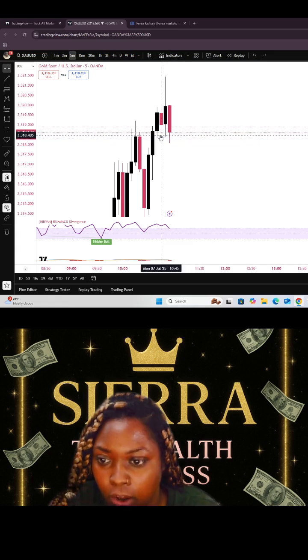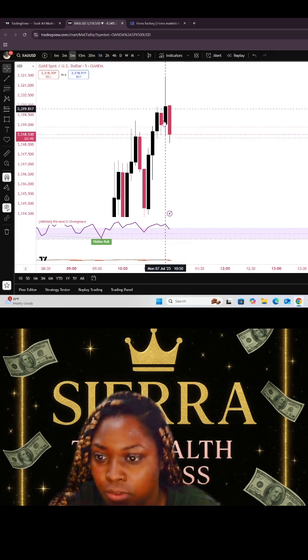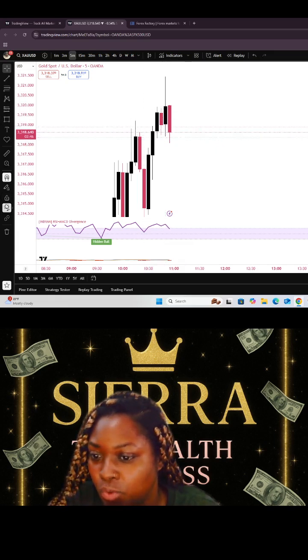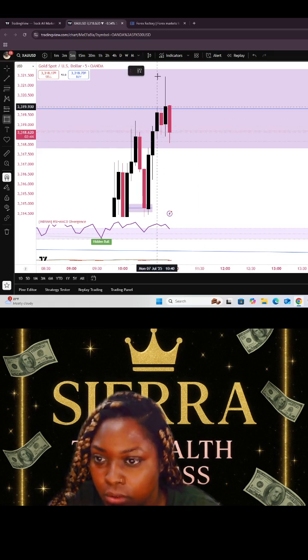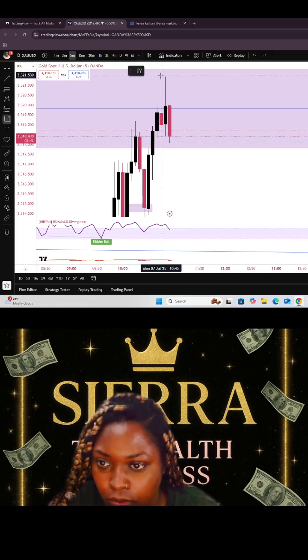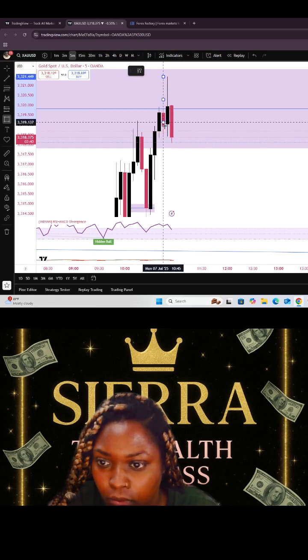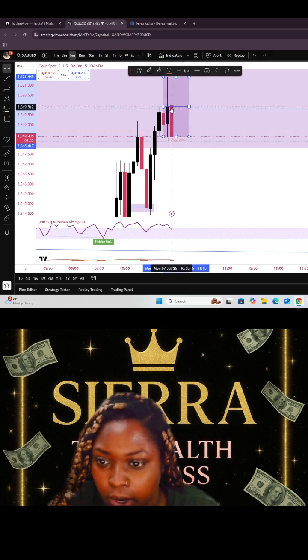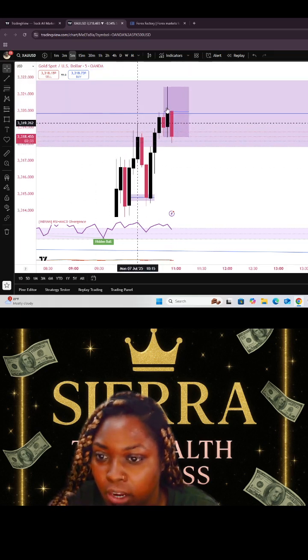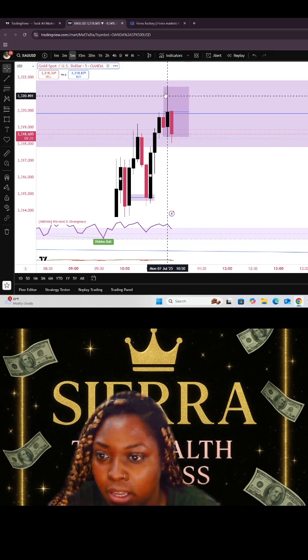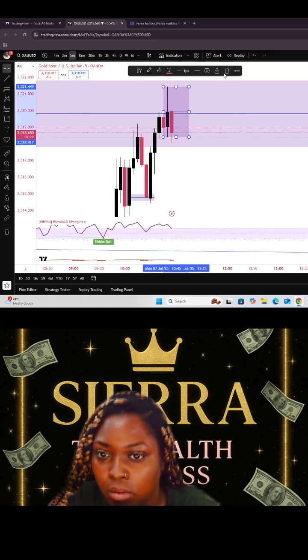It ran the low and it ran the high of that previous candle, this one right here. Price came back to 50% of this candle. See that blue line right here? Price came back to 50% of this candle. That is a sell signal on gold.